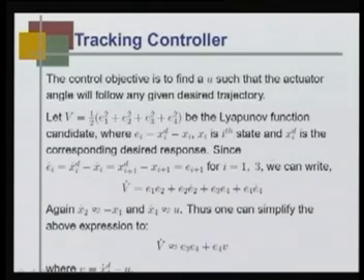So, now in the same manner we can show also that ei dot, which is xi dot d minus xi dot, is the same as xi plus 1 d minus xi plus 1, which is ei plus 1. What is xi plus 1? Because you see that we have the states x1, x2, x3, x4. Okay.